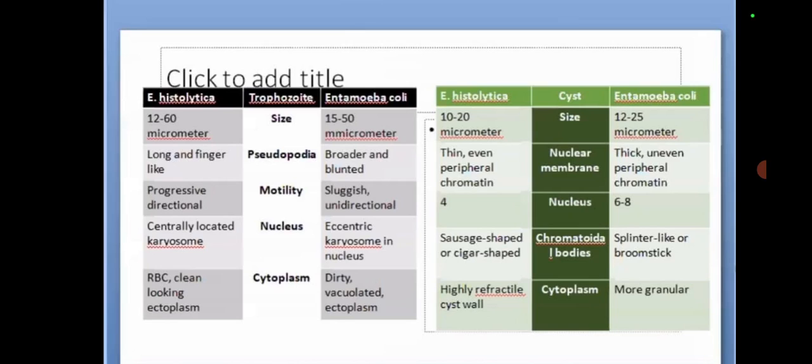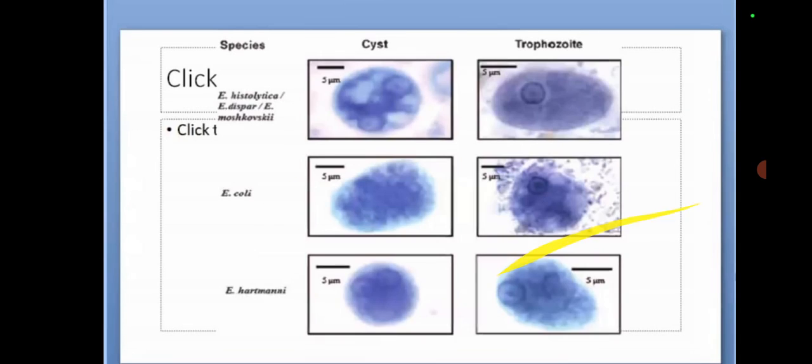The nuclear membrane is thin with even peripheral chromatin, versus thick with uneven peripheral chromatin. There are 4 nuclei in Entamoeba histolytica and 6 to 8 in Entamoeba coli. Chromatoid bodies are sausage-shaped or cigar-shaped versus splinter-like or broomstick-like. The cytoplasm has a highly refractile cyst wall and is more granular.